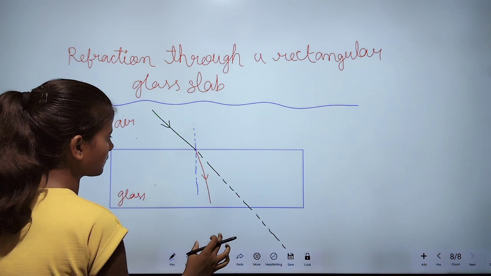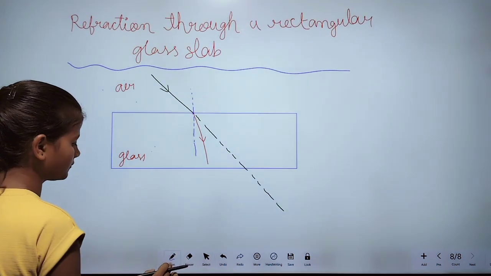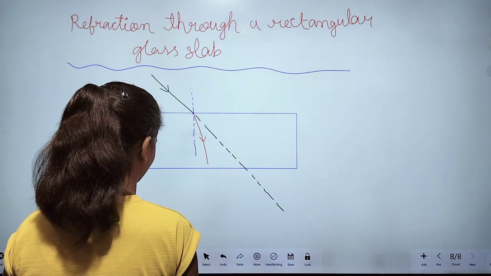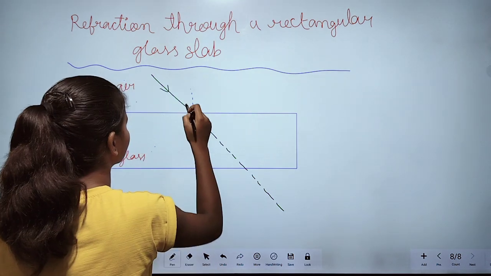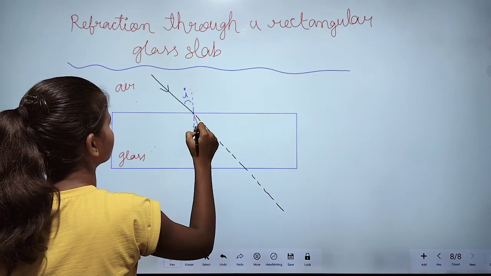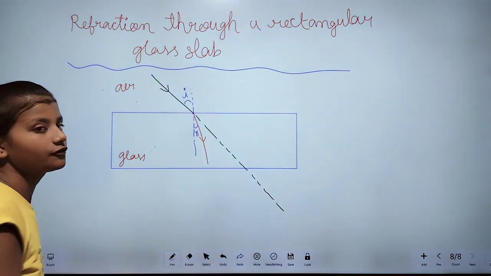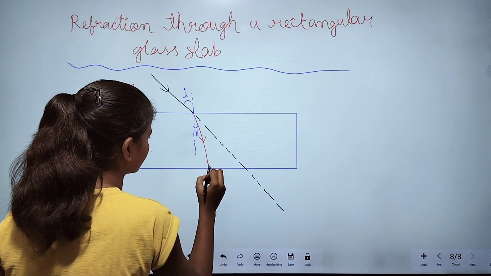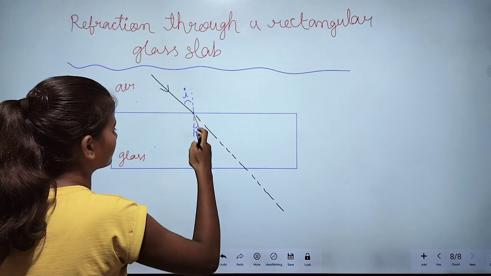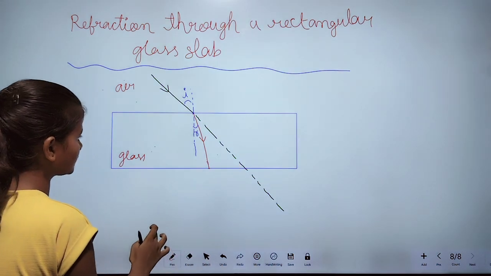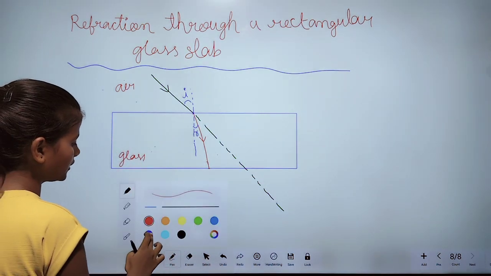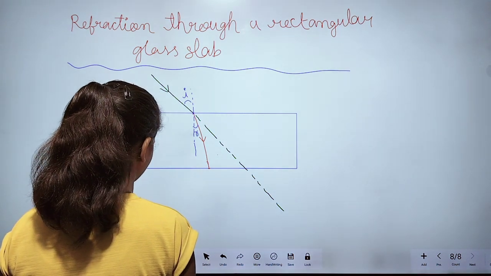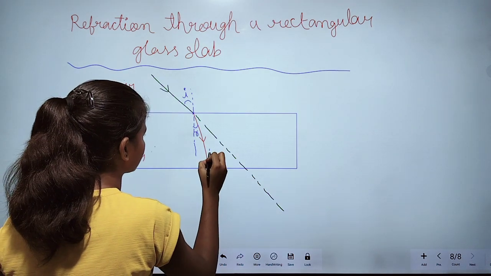This one is our normal. This one is the angle of incidence and this one is the angle of refraction. This one is the denser medium and this one is air. This one is our normal.